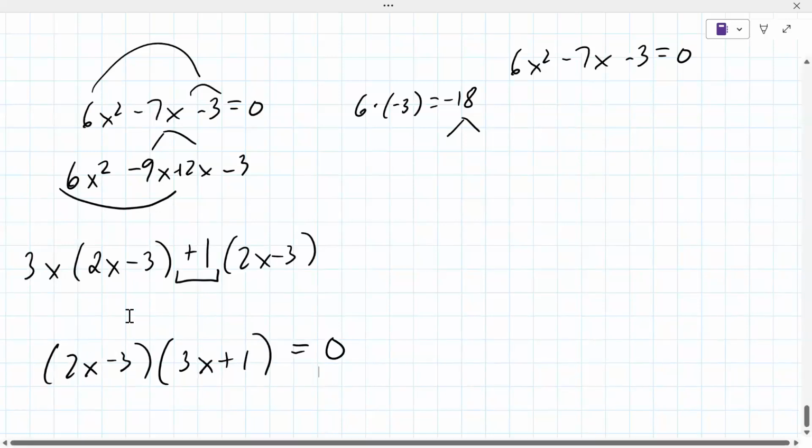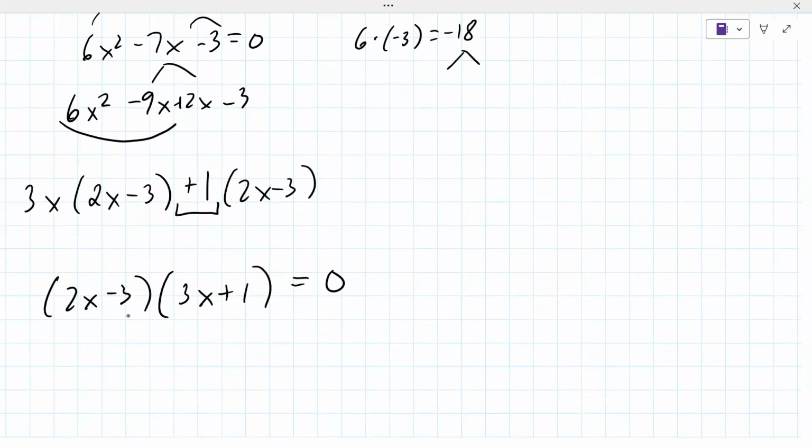You're setting each of these equal to 0. So setting 2x minus 3 equal to 0, 3x plus 1 equal to 0. Would you solve those for x for us, please?